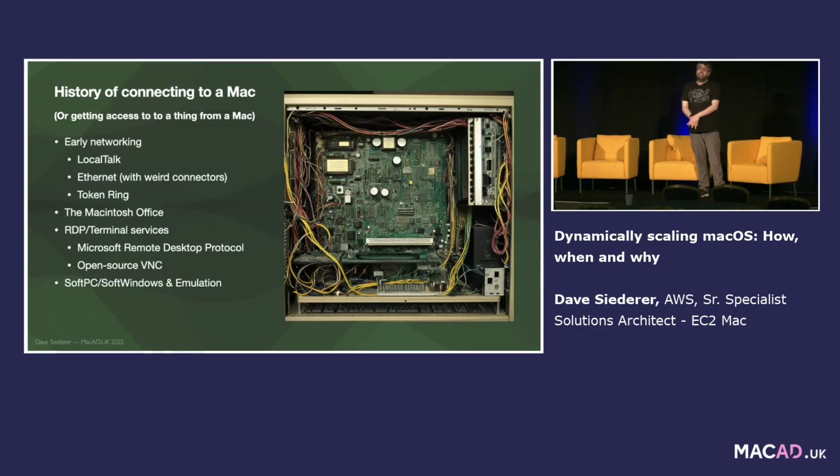But even things like emulation, rather than virtualization, this was, again, the early days. If you needed to get Windows from your Mac, and you didn't just have a Windows box you could RDP to, you could use stuff like SoftPC and SoftWindows for DOS and actually emulation, and it was incredibly slow. And it was usually very frustrating, but it was cool when you could do it.